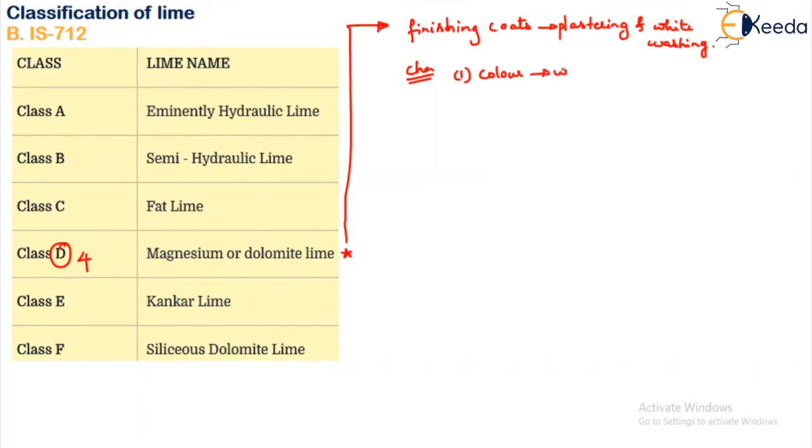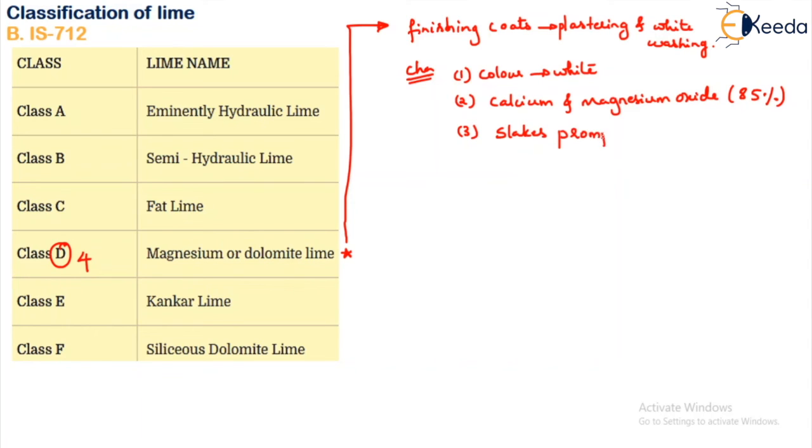Color is white. It contains calcium and magnesium oxide in the range of 85%. This generally slakes very quickly or promptly, you can say, at the exact particular time. And fourthly, it sets very slowly.